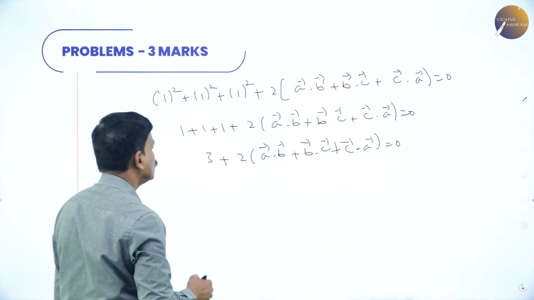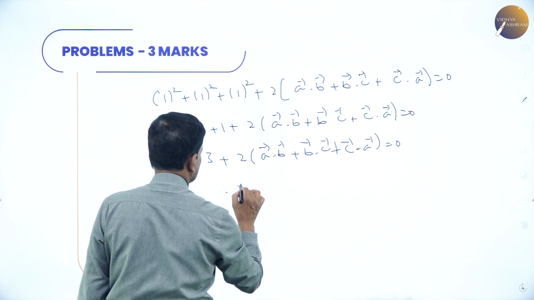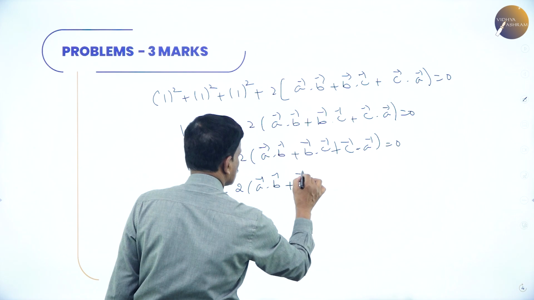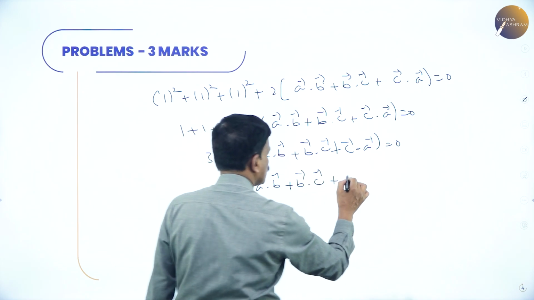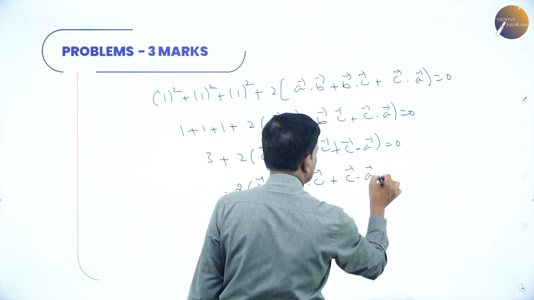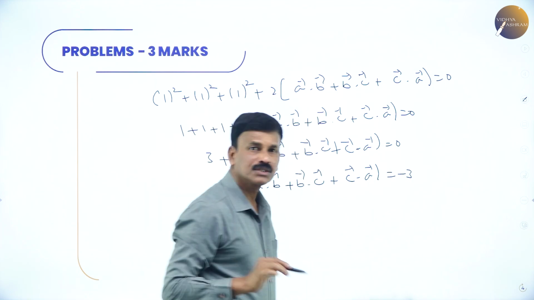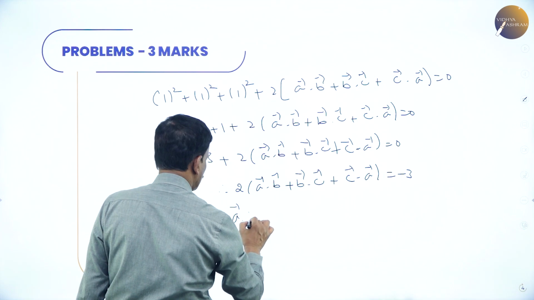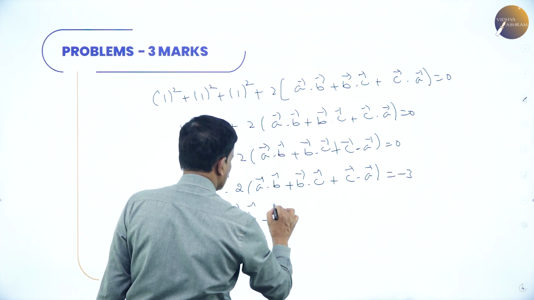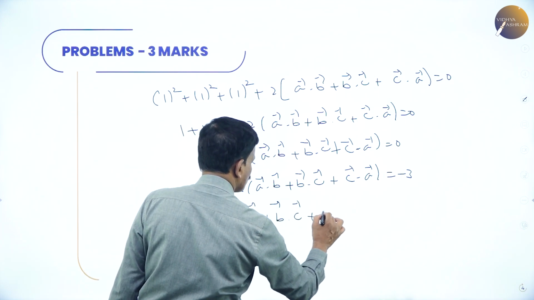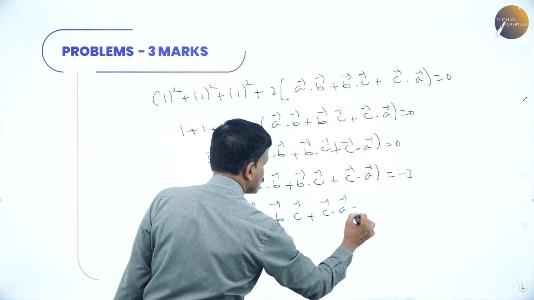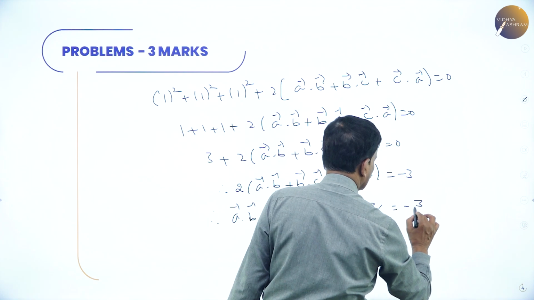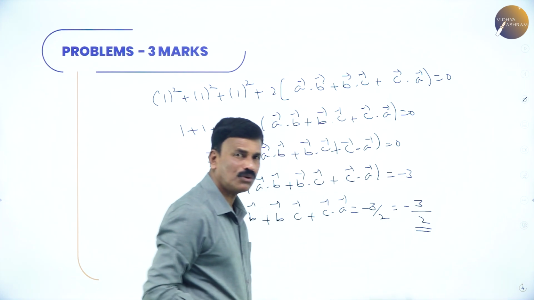Now transfer this. Therefore, 2 times A dot B plus B dot C plus C dot A is equal to minus 3. So the required answer is A dot B plus vector B dot C plus vector C dot A is equal to minus 3 divided by 2. Minus 3 by 2, a very important problem.